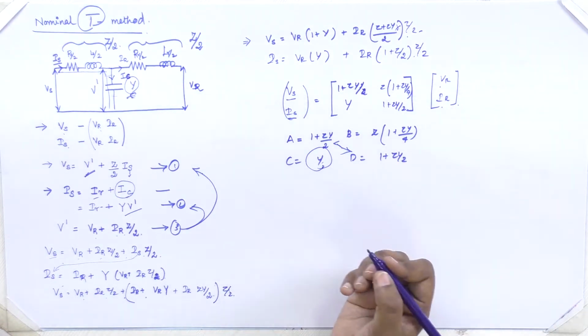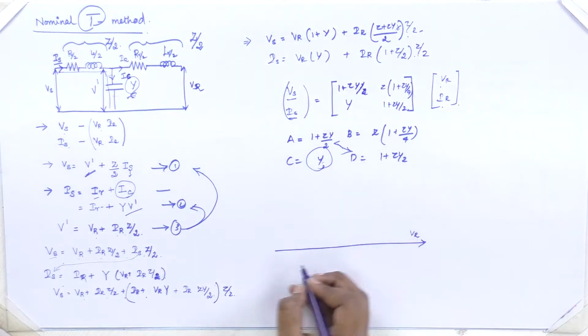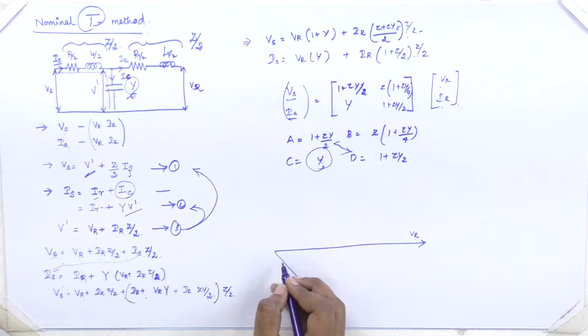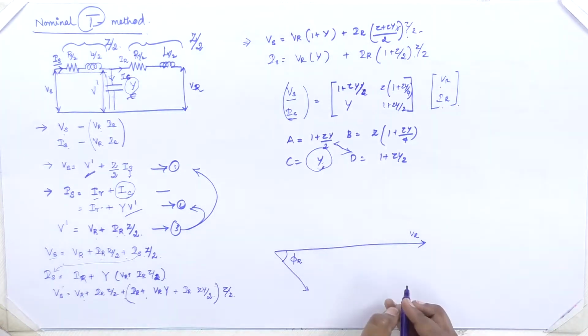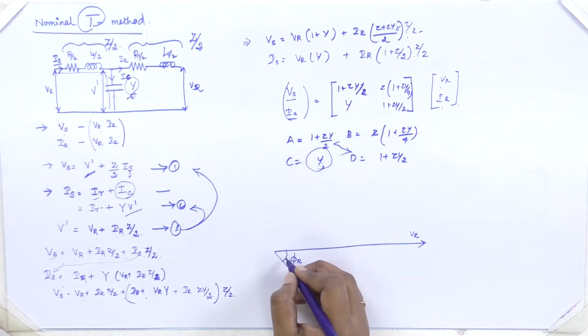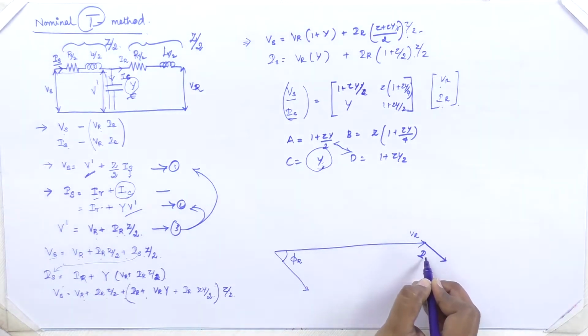When going to the phasor diagram, when I keep VR as reference, this is VR, IR will be, this is the capacity, IR will be lagging VR at an angle phi R. Then parallel to this IR, the drop will be there, which is IR, that is receiving end into R. Here the total line parameters is divided into two halves, so IRR divided by 2.